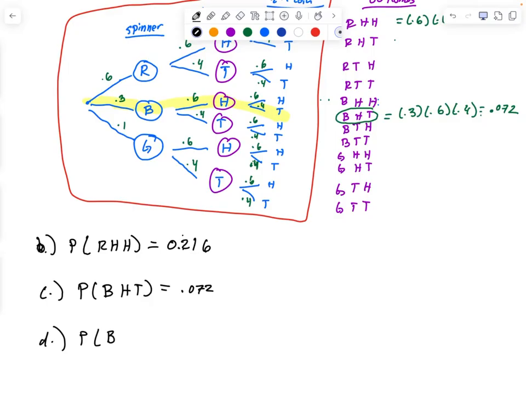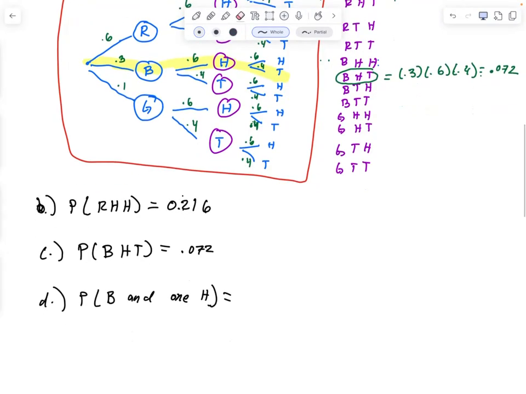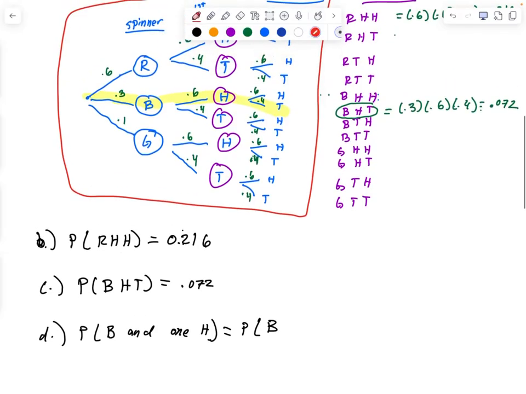We already found one of these answers, BHT, up here. Now I'm going to find BTH. Don't lose your focus yet. It's 0.3 times 0.4, which equals 0.12, times 0.6, and we get 0.072 in this case too.